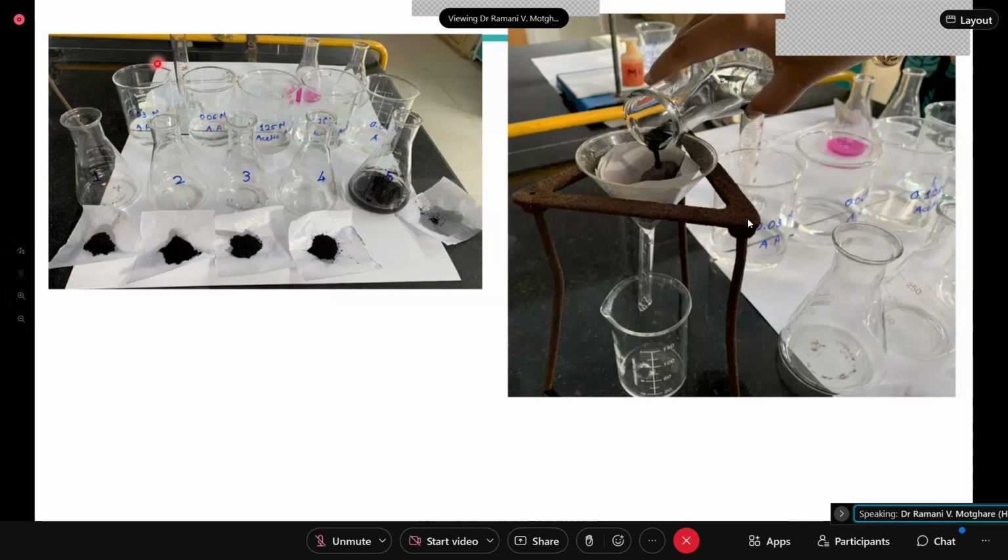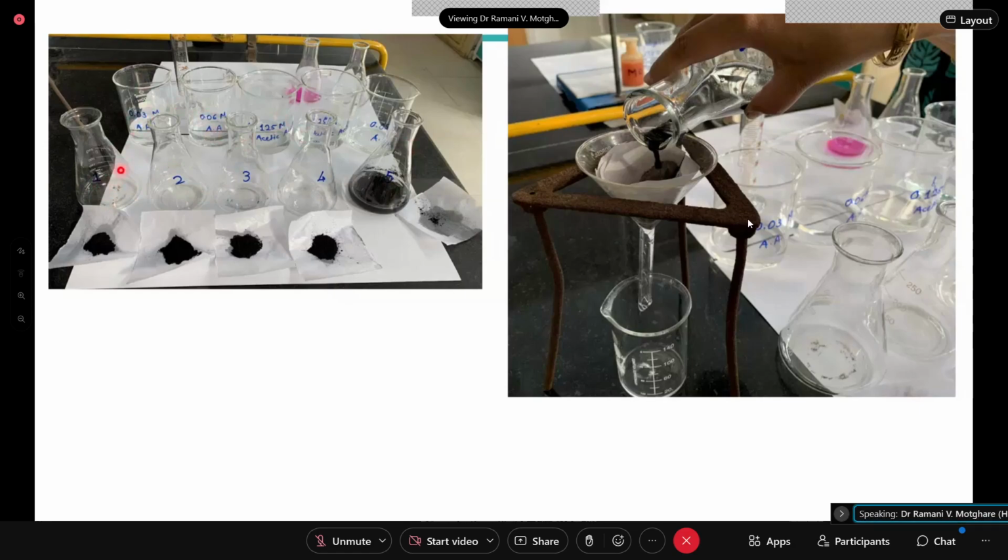So in each of the conical flasks, you are supposed to add 1 gram charcoal and then transfer 50 ml of one solution into the first conical flask, 50 ml of the second solution into the second conical flask, 50 ml of the third solution into the third conical flask, 50 ml of the fourth into the fourth, and so on. Okay, now each conical flask has 1 gram charcoal, but the acetic acid in which it is kept has a different concentration.